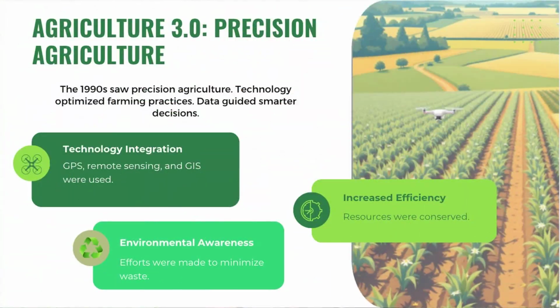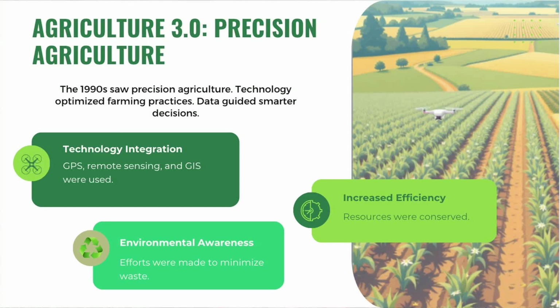This data-driven approach allowed for site-specific management, where inputs like water, fertilizers, and pesticides were applied only where required. Then this era also involved environmental awareness, as agriculture 2.0 created certain environmental concerns.